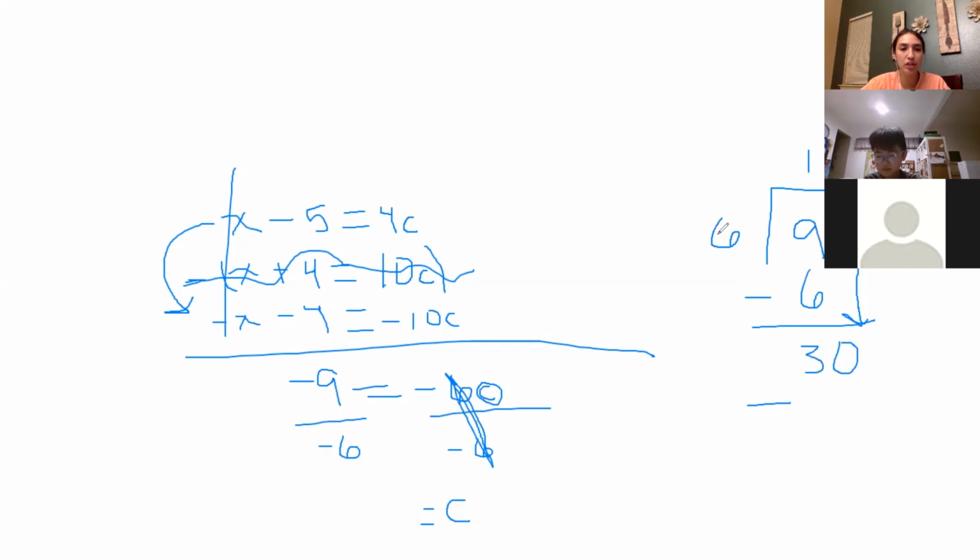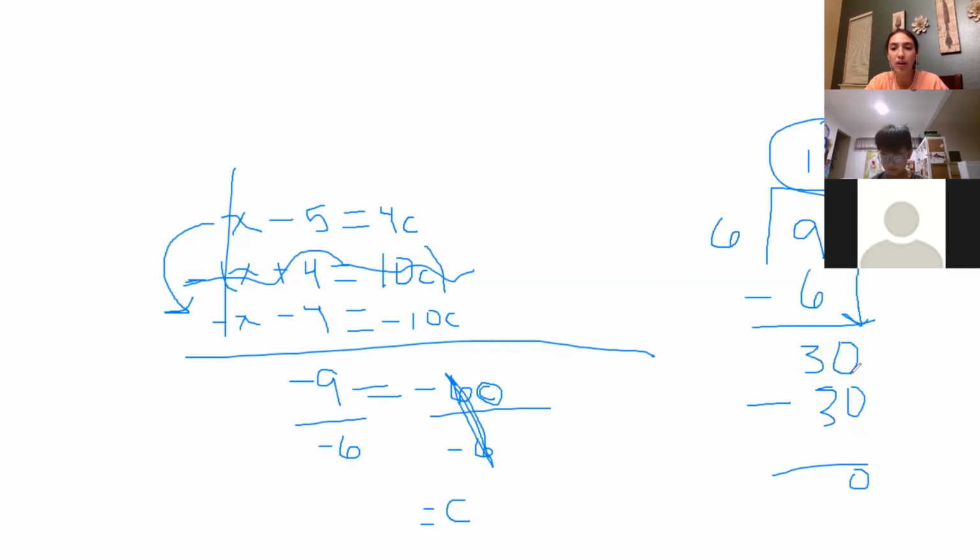But a lot of the time they'll tell you to stop after 3 numbers. But right here it goes in perfectly, because how many times does 6 go into 30? 5. So we put the 5 and we subtract 30, and now we have 0. So this is our answer.